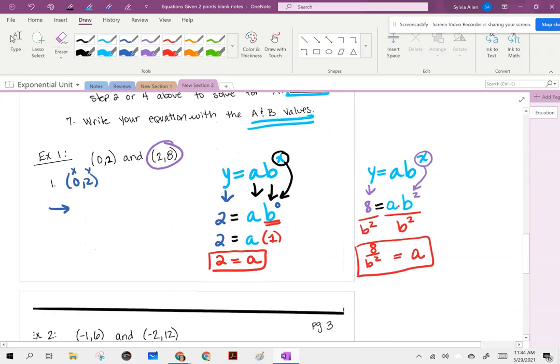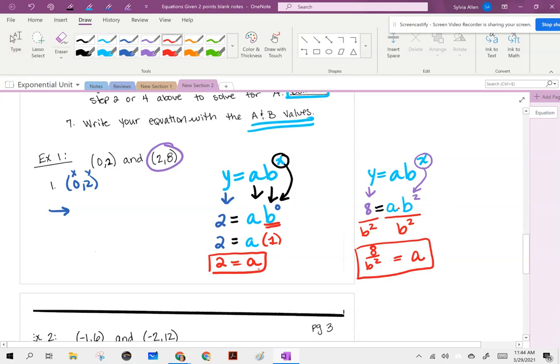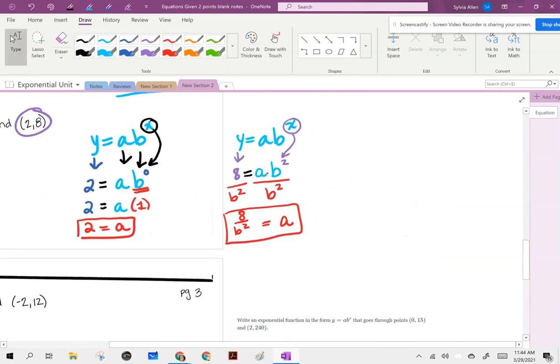If we take a look at this, in this particular case, it's actually a little bit less work. We're saying that a is equal to 2. And here I am saying a is equal to 8 over b squared. So what you're doing is you're replacing the a. Here's the a.